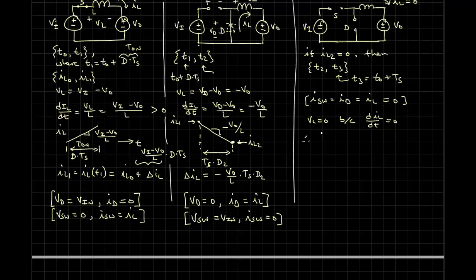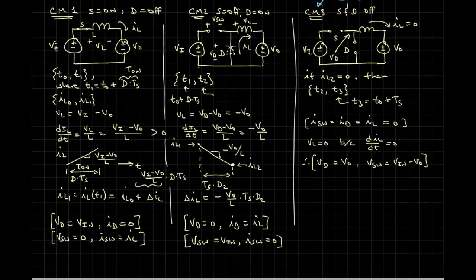Therefore, V diode is equal to VO, and V switch is equal to Vin minus VO. So nothing's really happening in that mode. Okay, so those are the 3 circuit modes.